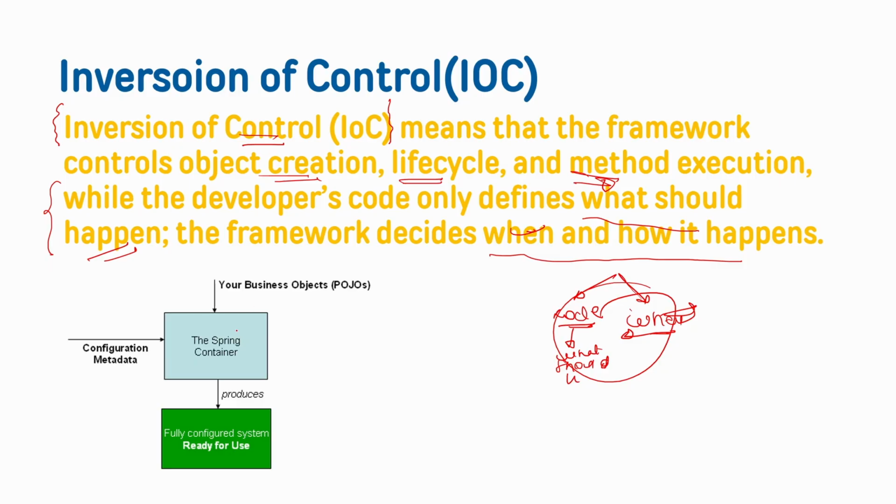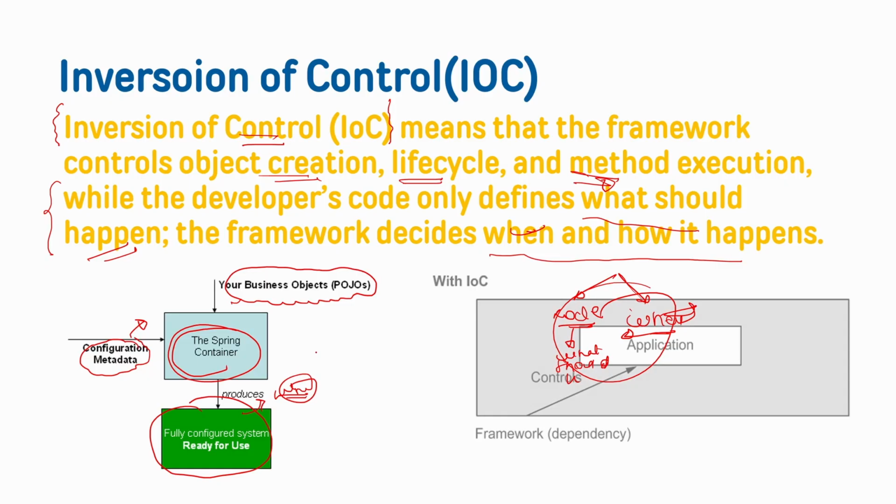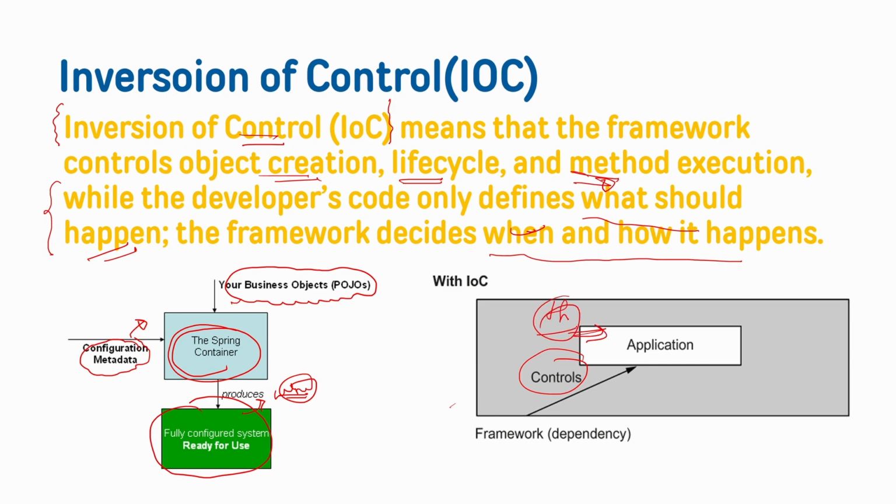For example, here is our Spring framework. We write our code, and we give some configuration if we want to modify it, and now the Spring framework decides what to call, and when to create the object and call the method. With inversion of control, our framework controls our application. This is what is meant by inversion of control.